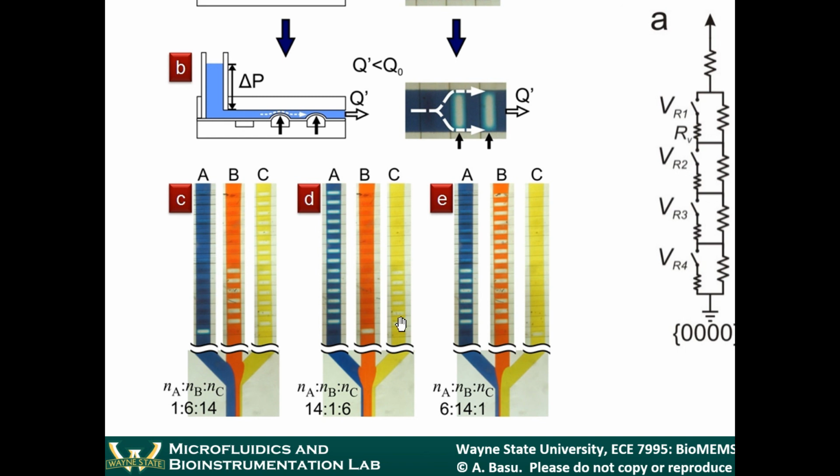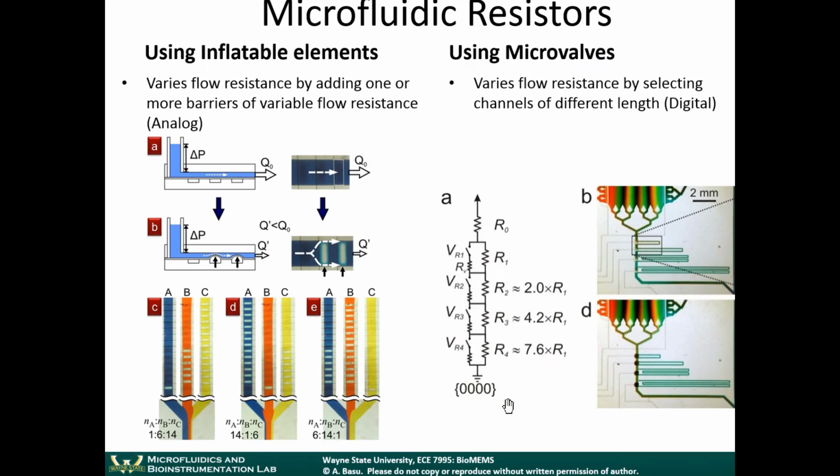So in this example, channel A has a lot of fluidic resistance, so there's going to be very little flow of A. You can see at the bottom here that these laminar streams, when they combine, there's very little flow of A compared to B and C. Right? Just by controlling the different fluidic resistances, you can get different mixing ratios of the three fluids. So these are both relatively straightforward concepts.